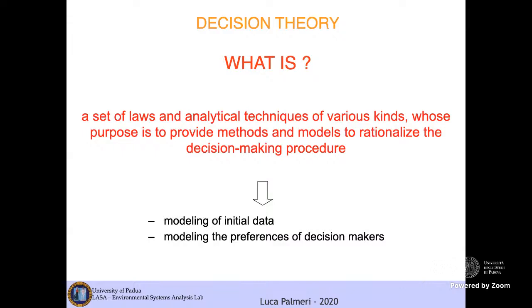Decision theory. What is decision theory? A set of laws and analytical techniques of various kinds whose purpose is to provide methods and models to rationalize the decision-making procedure. Of course, you may understand that decision theory is a very wide subject, and we are not going into the many details of this subject.